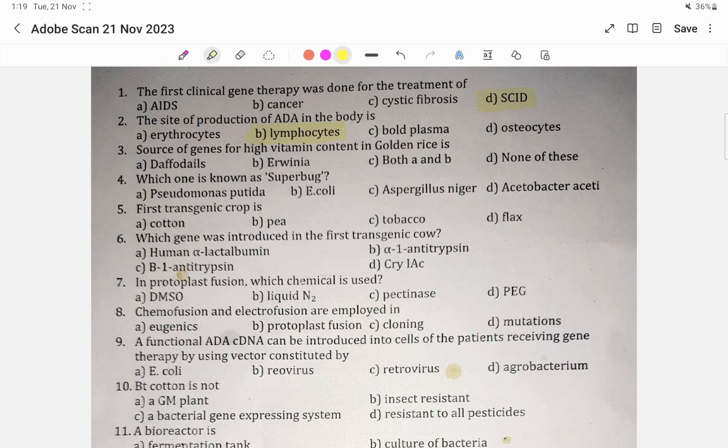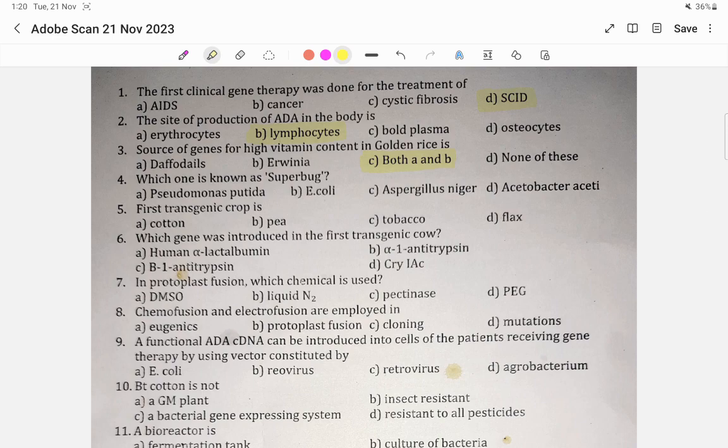They are not commonly seen in India, but in European countries, especially Britain, you can see a lot of daffodils growing. Since they are rich in carotenoids, Ingo Potrykus utilized two genes of daffodils and one gene from Erwinia uredovora. So the correct option is both A and B. This is a question outside of the NCERT syllabus.